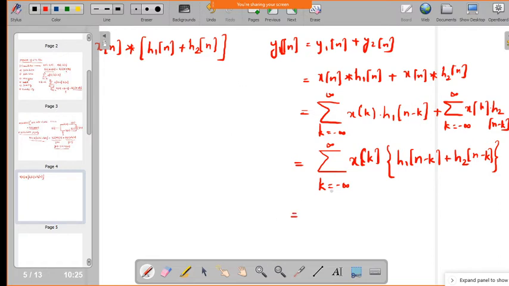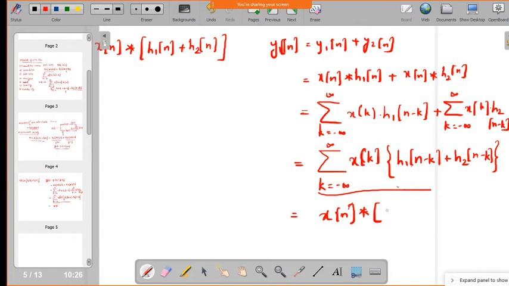Now take the summation and the first term, this one into this one, and you can write it as the convolution of x of n with the additive response, that is h1 of n plus h2 of n. So this is the convolution of x of n with the individual h1 of n and h2 of n.